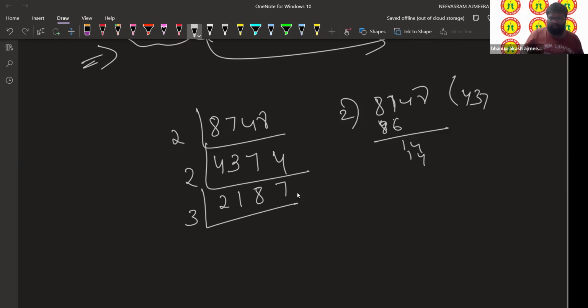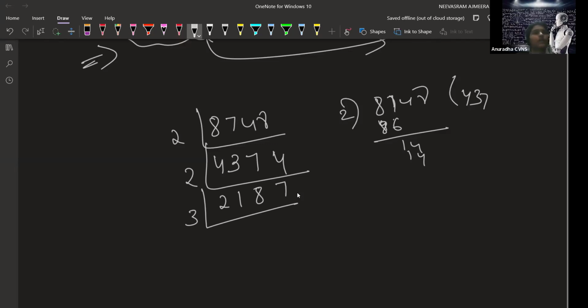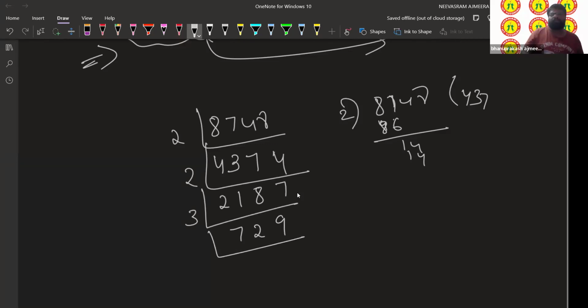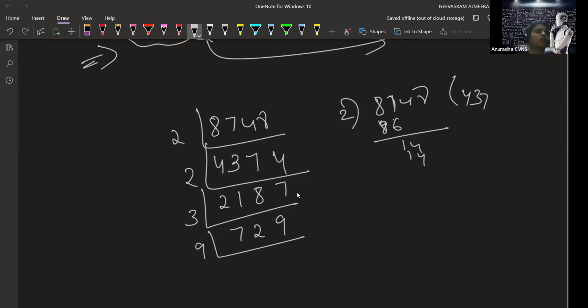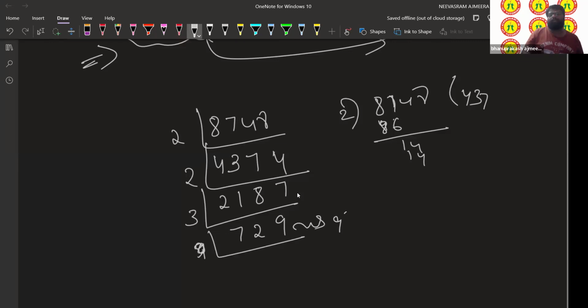How much am I getting here? 729. 729 is 9 cube, right?